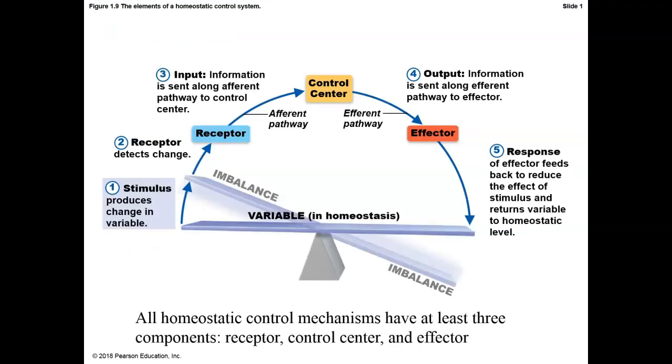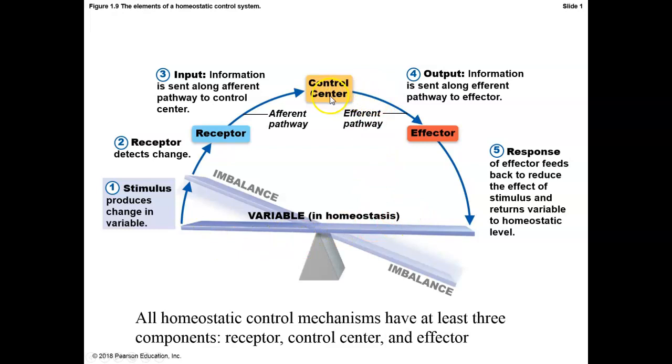So let's look at the three parts of the homeostatic control mechanism. So the three components, you have to have a receptor that picks up some change, sends that information to the control center. The control center then determines how to respond to help bring that change back into balance.